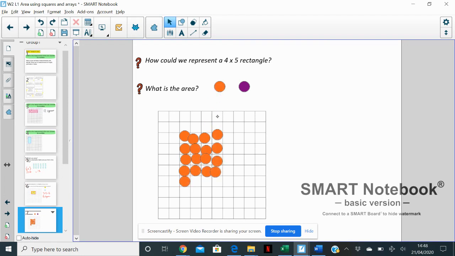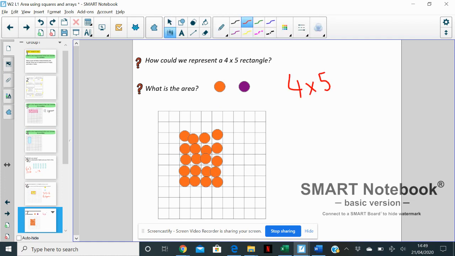On my last row now, so I've got 4 times 5, or 5 times 4, we know they're the same. And I know that 4 times 5 equals 20. Therefore, the area of this rectangle is 20 squares.